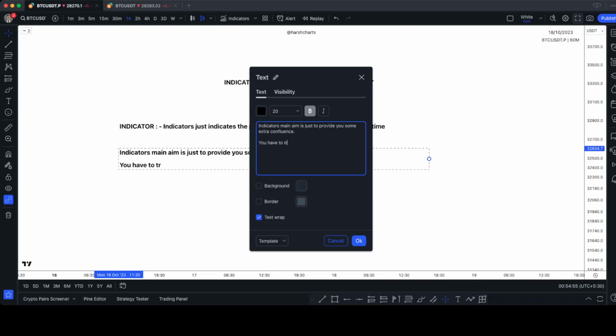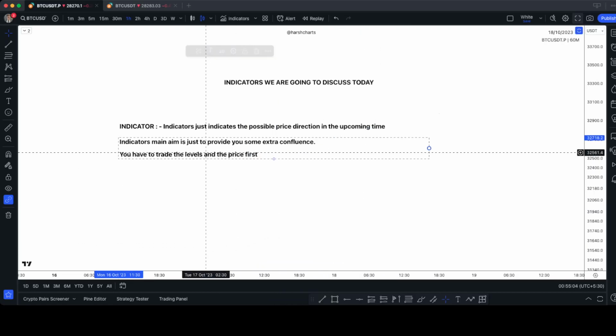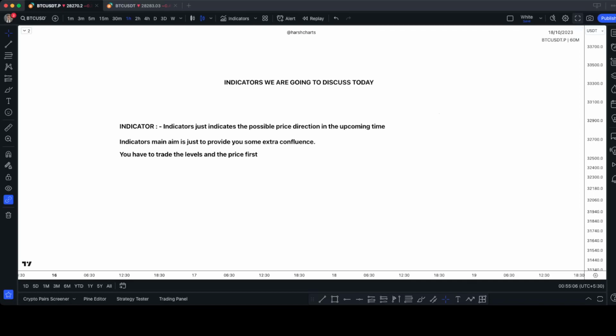You have to trade the level and the price first. This is rule number one when you're seeing indicators, right? After that, let's try to understand. I have told you that indicators just indicate the possible price direction, and their main aim is to provide extra confluence. You have to trade the levels and the price first and use indicators as a confluence.